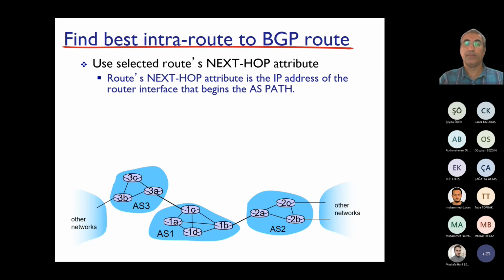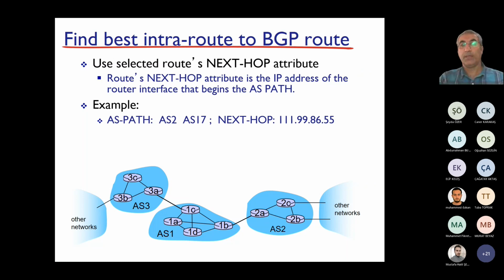So find the best intra-AS route to the BGP route. We are going to use the selected route's next hop attribute. The route's next hop attribute is the IP address of the router interface that begins the AS path.